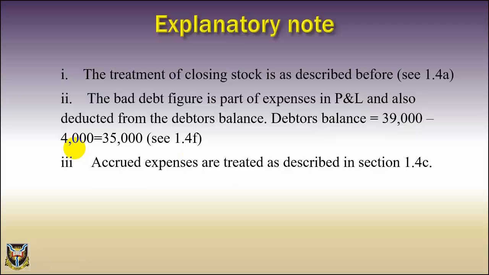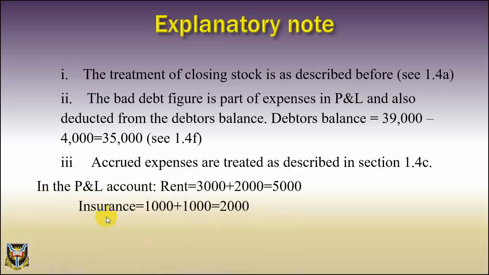See 1.4f. 3. Accrued expenses are treated as described in section 1.4c. In the P&L account, rent is equal to 3,000 plus 2,000, which is equal to 5,000. Insurance is equal to 1,000 plus 1,000 is equal to 2,000.